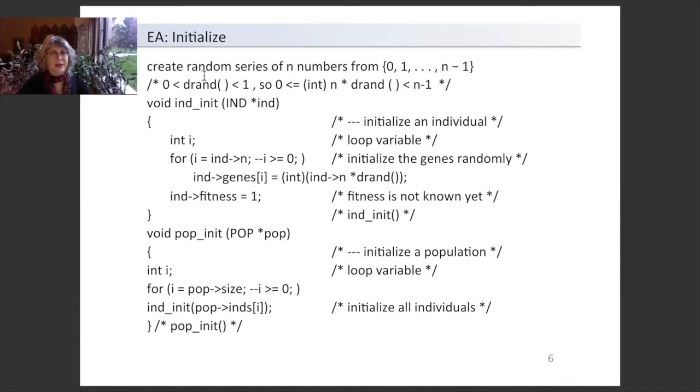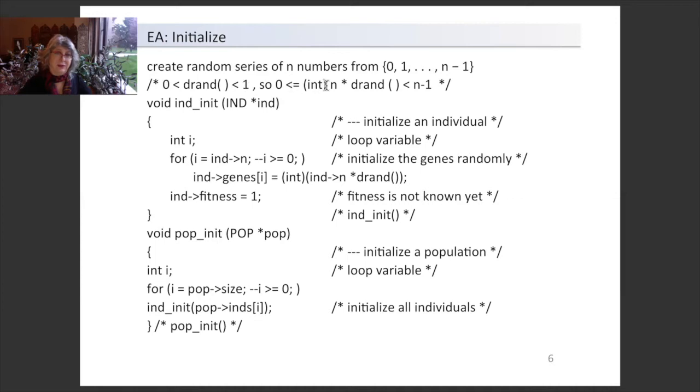Here is the code for the initialization. This creates a random series of n numbers from 0 to n-1. Notice here, if we select a random value by the drand call, it generates a value between 0 and 1.